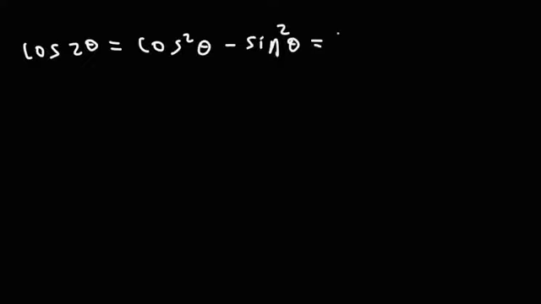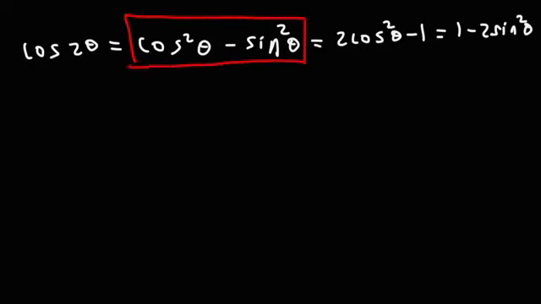By the way, going back to cosine 2 theta, so we said there were three forms: cosine squared theta minus sine squared theta, which is equal to 2 cosine squared theta minus 1, which is equal to 1 minus 2 sine squared theta. All you need to know is this form, because if you know it, you can get the other forms.